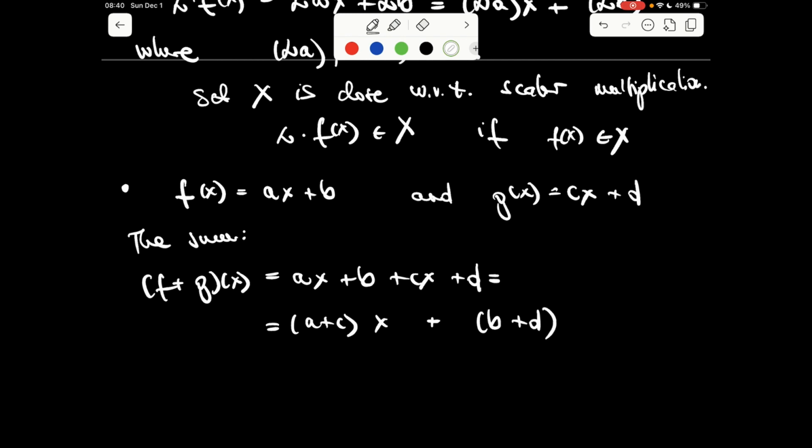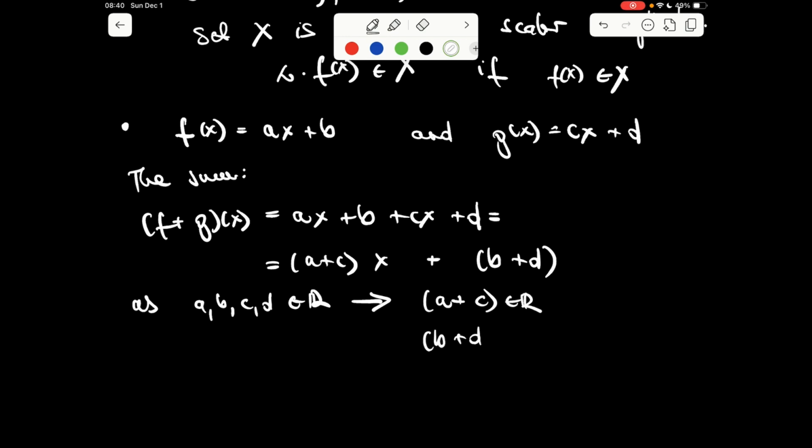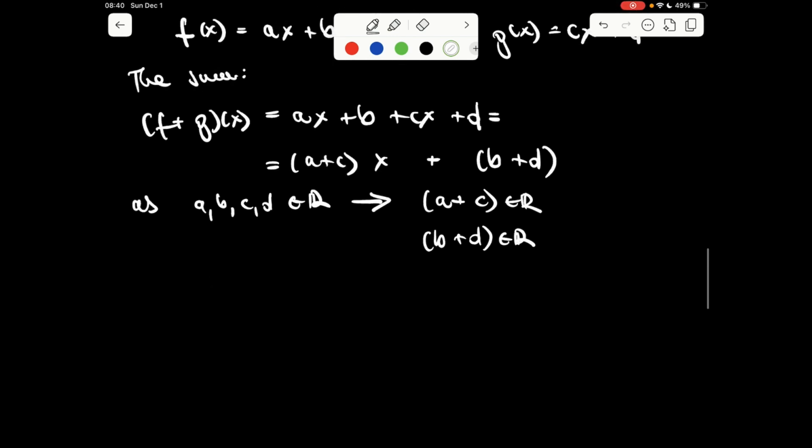And we can resort to the same argument as above, as a, b, c, d are all real numbers. It follows that a plus c is a real number and b plus d is another real number.